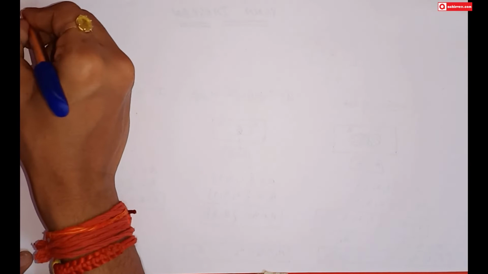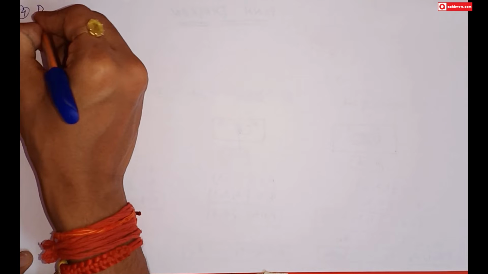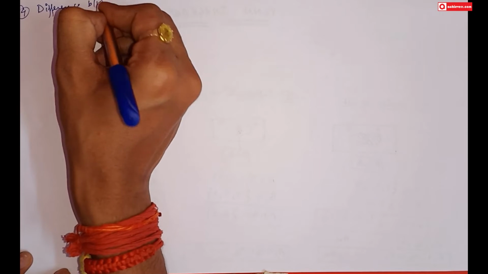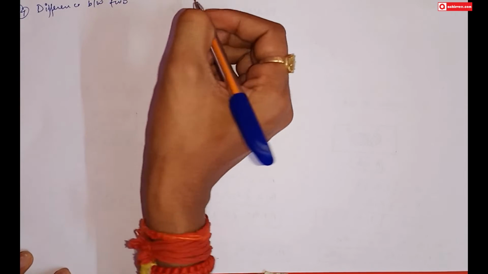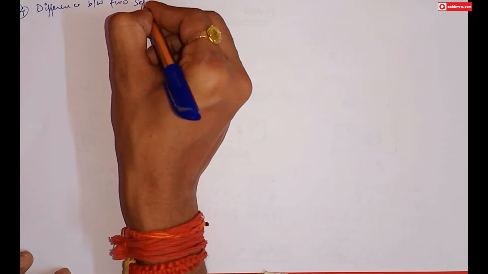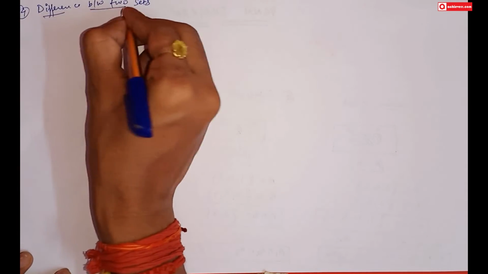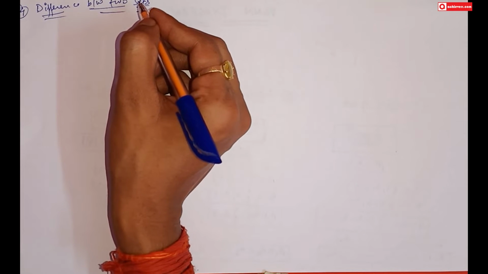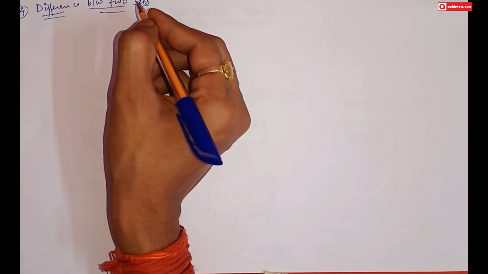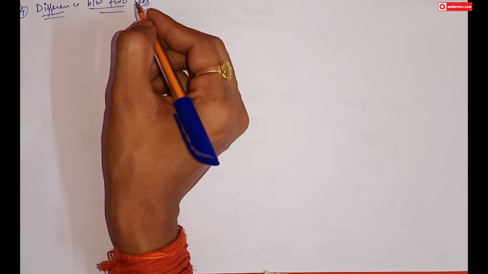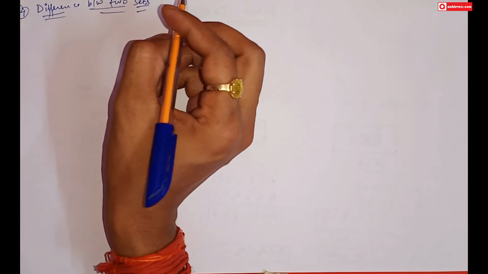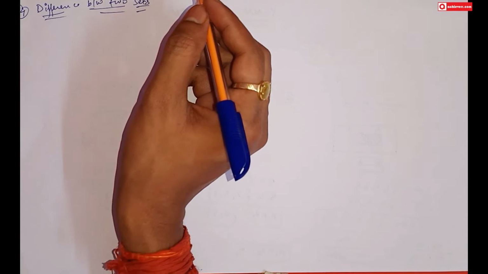The fourth one is difference between two sets. So difference is defined as that set of all those elements which are not included in the first one.